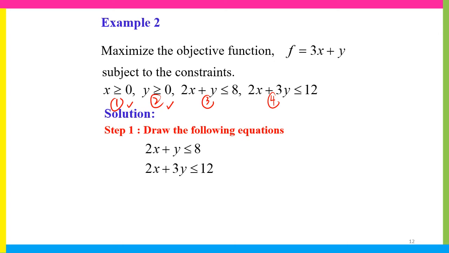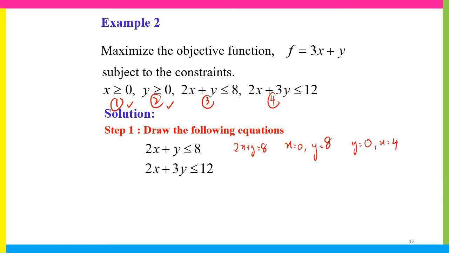So, biasanya macam tadi kawan awak kata, dia suka letak jadikan Y perkara rumus, tak ada masalah. Tapi kalau saya terus je 2X tambah Y sama dengan 8, cari saja bila X sama dengan kosong, Y sama dengan apa. Macam kita buat dekat soalan yang sebelum ni kan. So, bila X sama dengan 0, Y equal to 8. When Y equal to 0, X equal to 4.